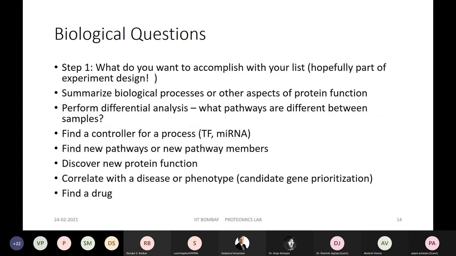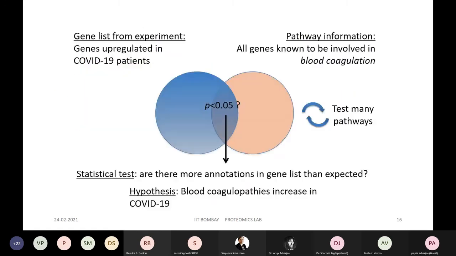So the first thing, as I said, is that the biological question should be very clear. It should be part of your experimental design, because that will change the type of analysis you want to do. I'm just rushing through. Suppose this is a hypothetical work, though it's actually a work that we did in our lab.